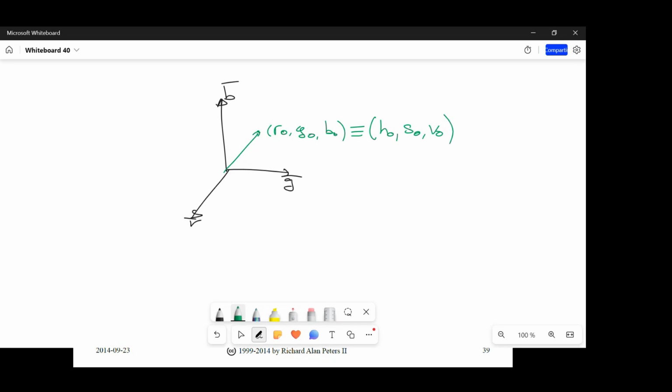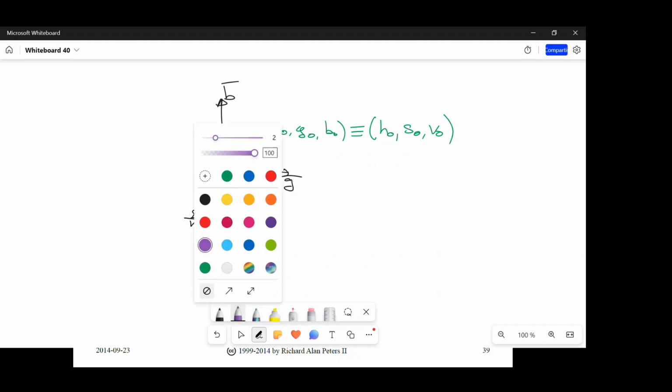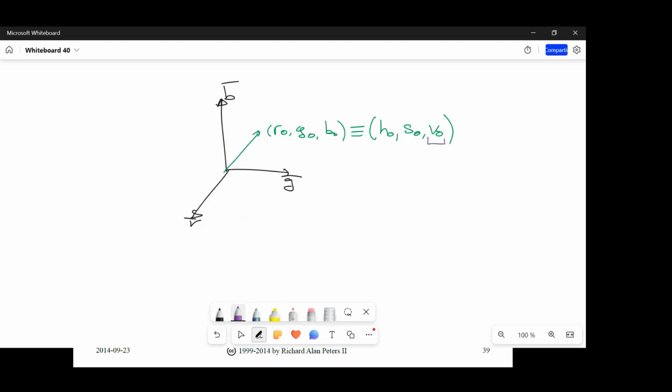This one in our example, but it doesn't mean that it is the only way of changing the way we express the colors. This one is called RGB, so red, green, blue. This is hue saturation value, but there are many others. And here the main idea is that you separate into two parts.